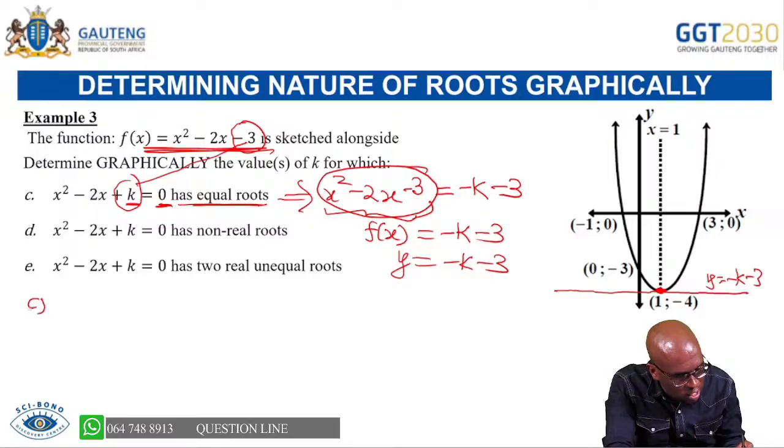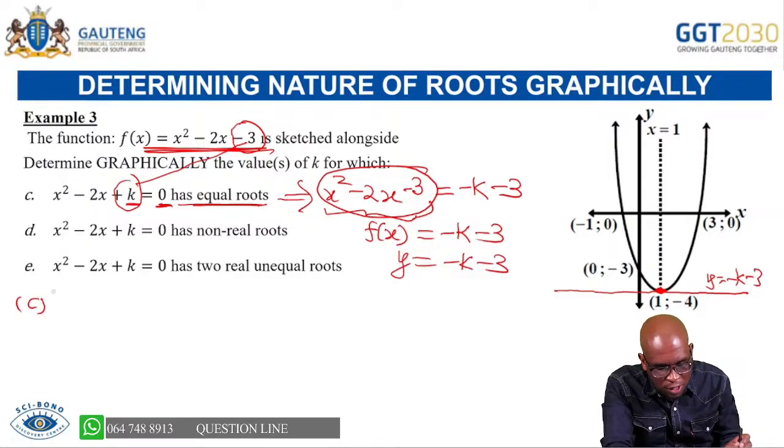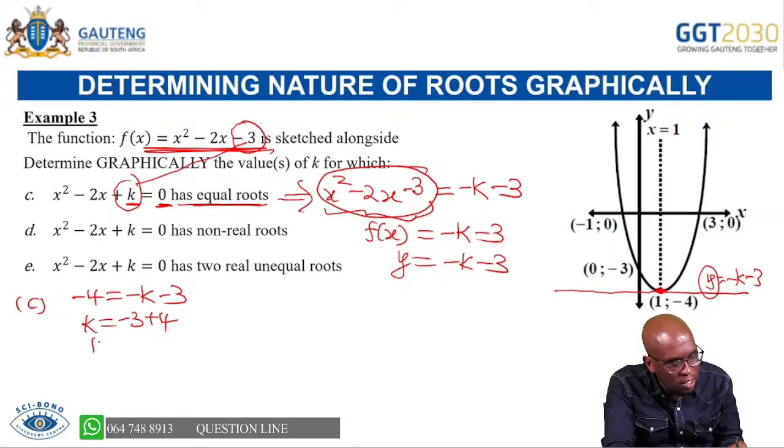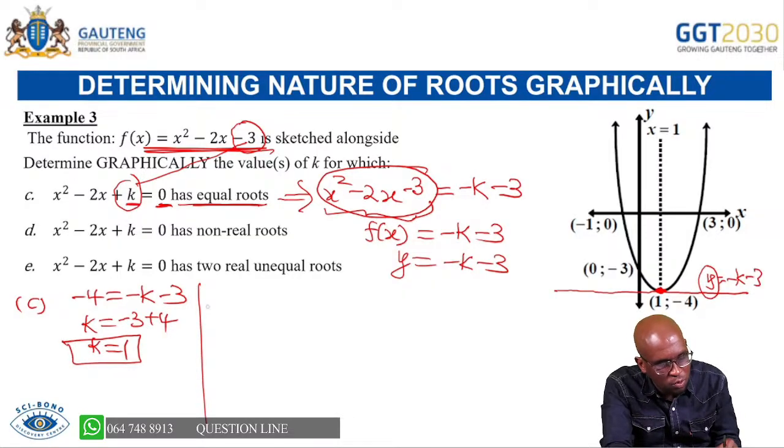So the solution for C would be, we need that y at this point is -4. So -4 would be -k minus 3, which means that k would be equals to -3 plus 4, k would be equals to 1. That is the first one, k would be 1.